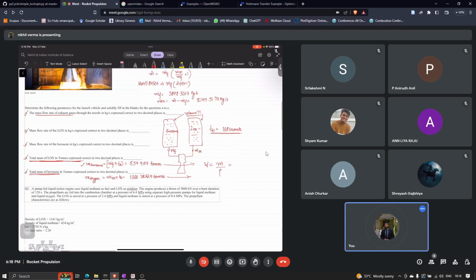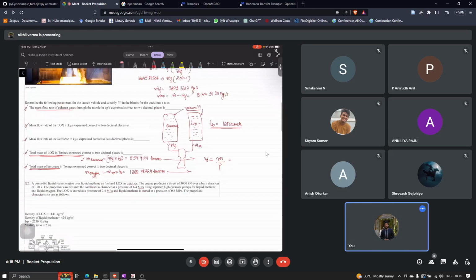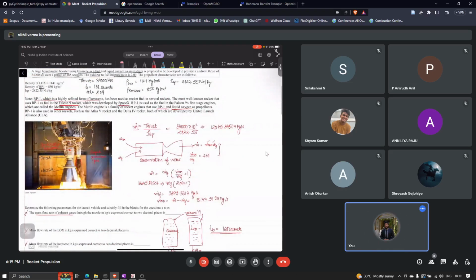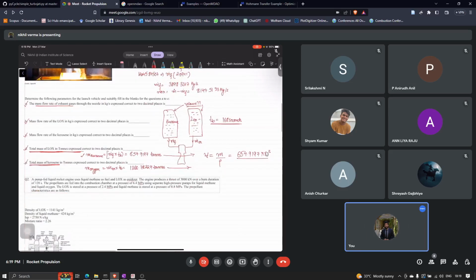So for the kerosene, the mass is 654.9197 into 10 to the power 3, and we have the density of kerosene as 850. Okay, so can you please solve this and let me know what is the value?